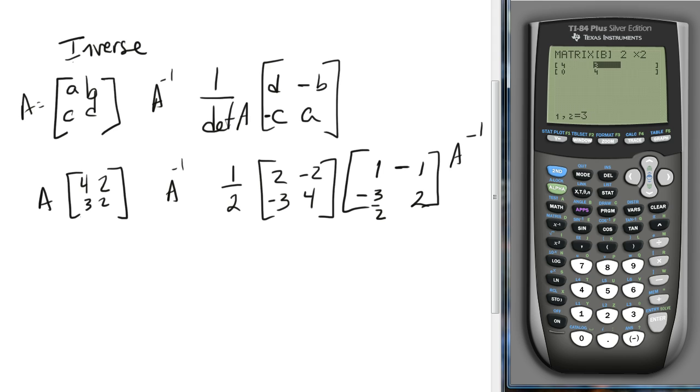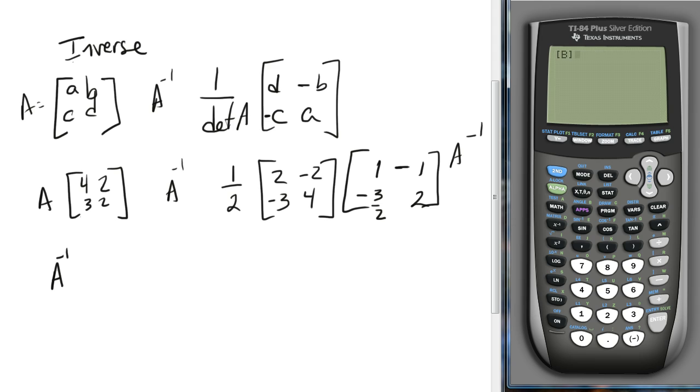Now, quit. So here all you got to type in is A inverse. Actually, it's under B, so we actually typed ours as B. So second matrix, I used B.